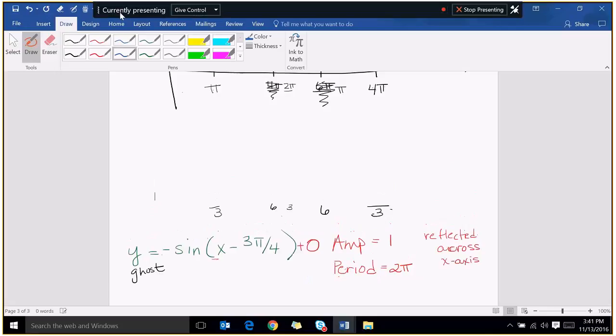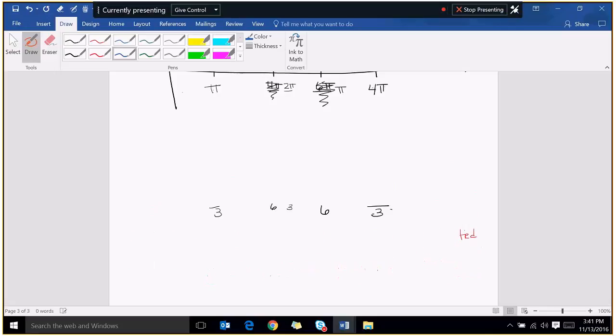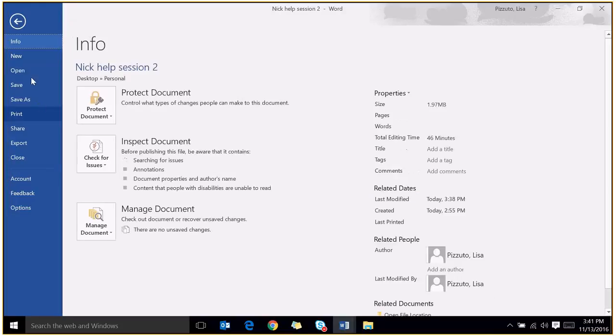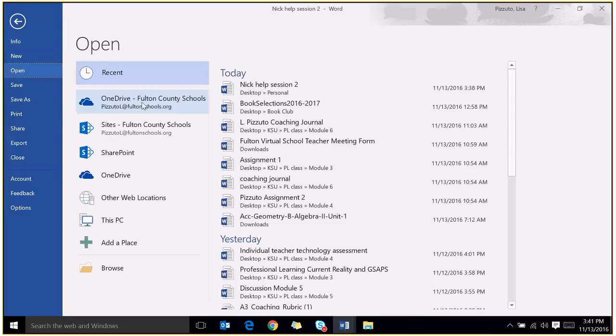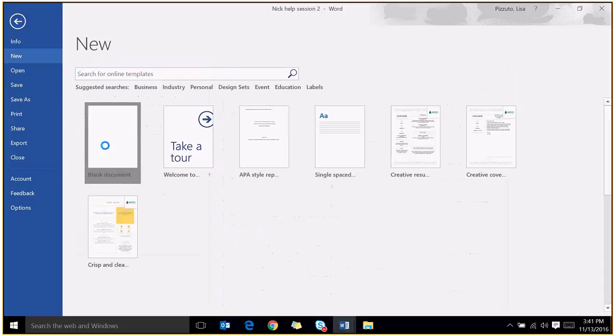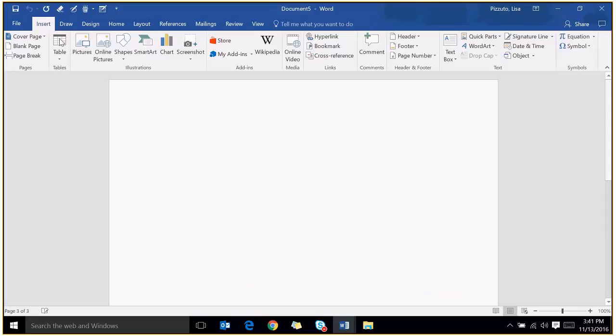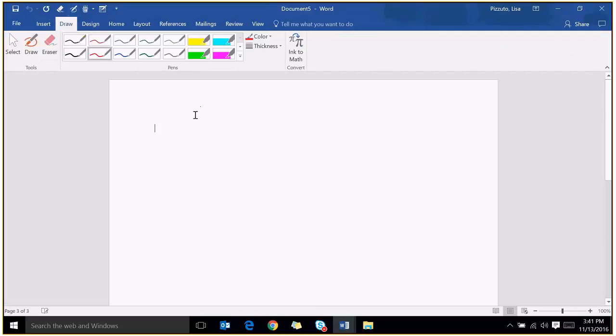All right, so the equation itself is 60 minus 30 cosine of pi over 6x.